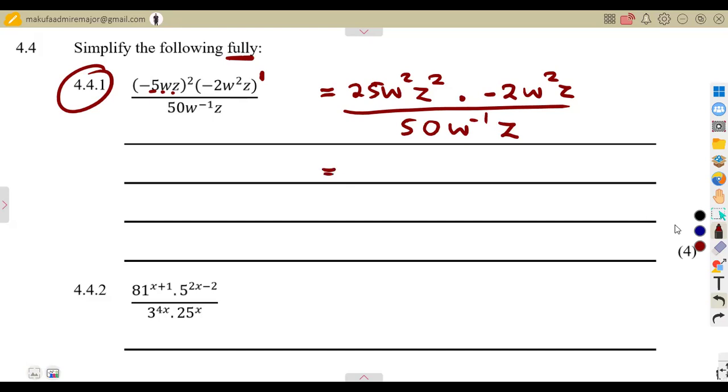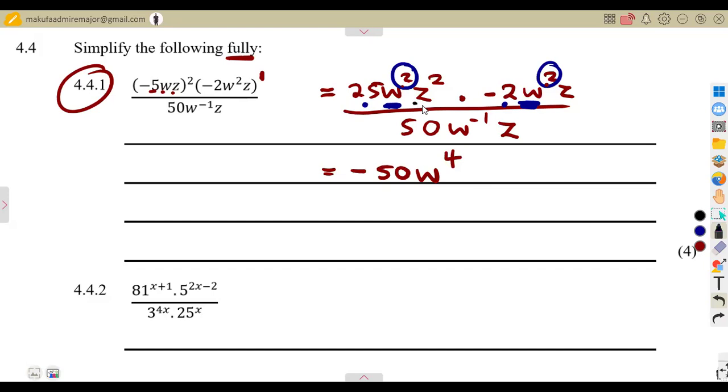Okay, let us consider the product of the terms, the 25 times the negative 2. That is going to be a negative 50. Then considering the w and the w, we are multiplying the bases, which are the same, so we are going to add the exponents. That is w to the exponent of 2 plus 2, which is a 4. Same thing on the z.